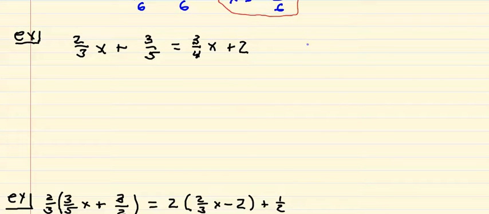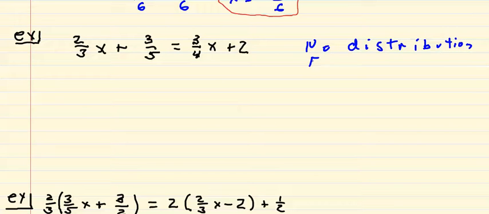Here, there's no distribution. So we find the least common denominator. And in this case, between 3, 5, and 4, the least common denominator is 60.